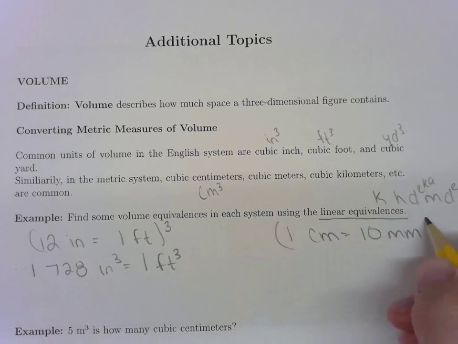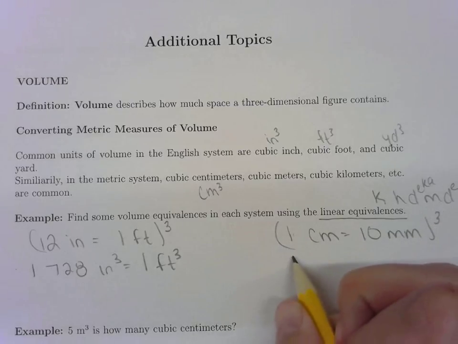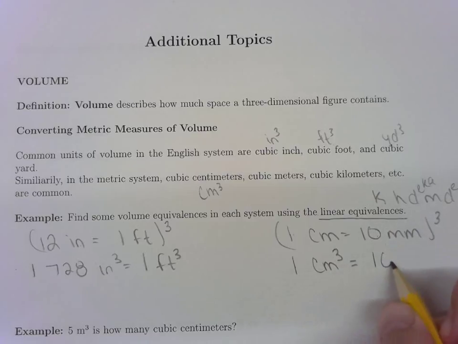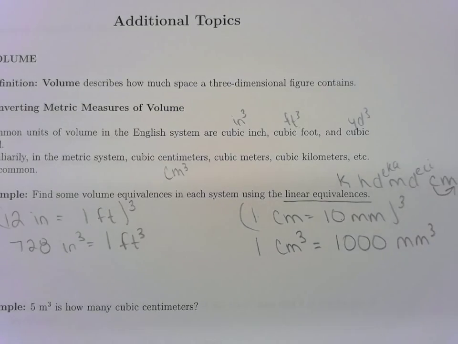Okay, and we want to change this to cubic. So we would have 1 cubed, which is 1, centimeter cubed equals, 10 cubed would be 3 zeros, and then we have millimeters cubed. So there's a volume equivalence for the metric system. This is how we do equivalences for the metric system without having to memorize anything else besides linear equivalences.